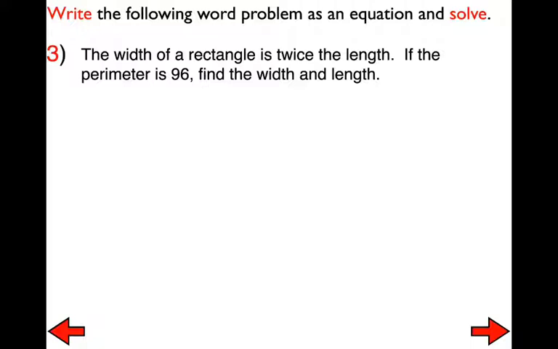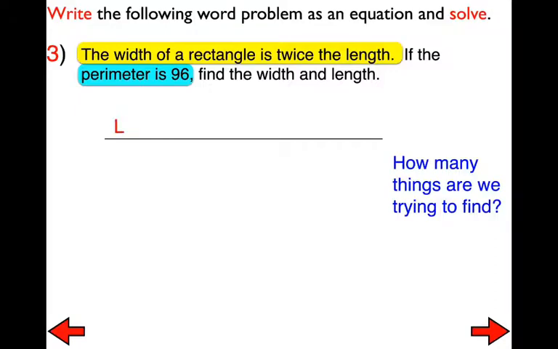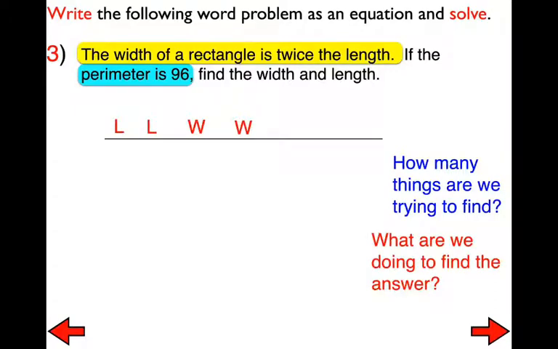All right, number 3 is similar to 1 and 2. Slightly different, though. The width of a rectangle is twice the length. That means the length will definitely be smaller. The perimeter is going to be 96. So far, just like the previous ones, here's where it's going to be slightly different.